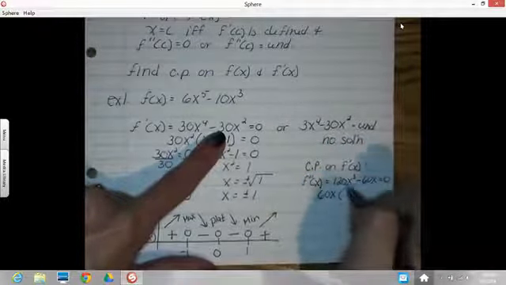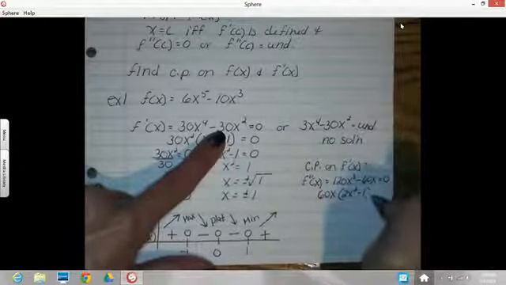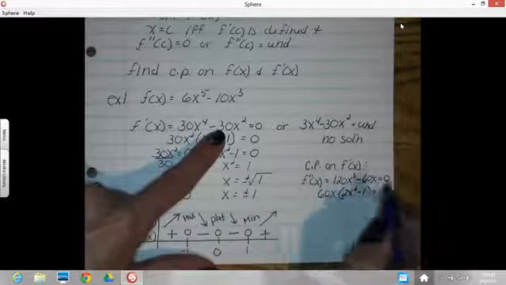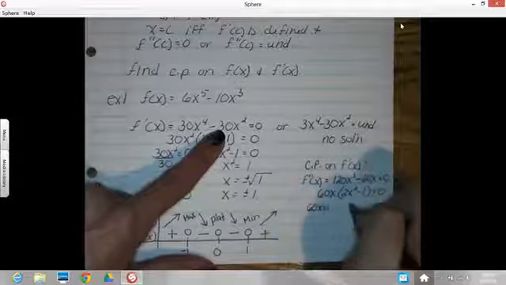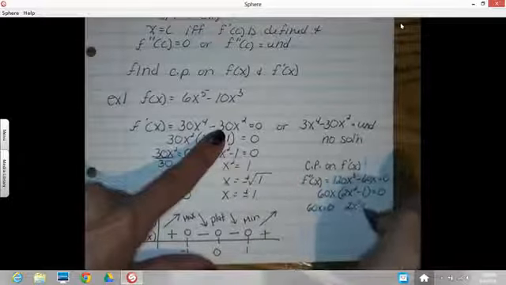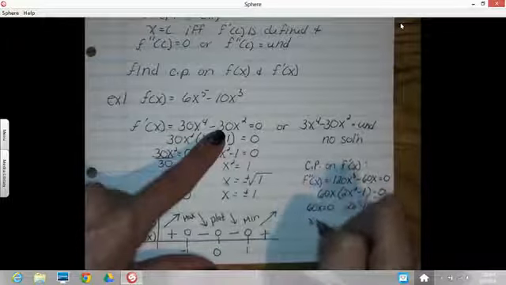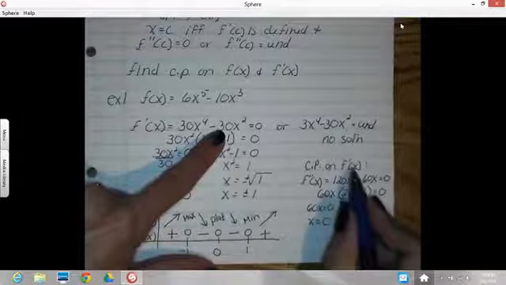That will leave me with a 2x squared minus 1 equals 0. Set each factor equal to 0. So here, divide by 60, x is going to equal 0. So I've got a critical point at 0 on f prime of x.